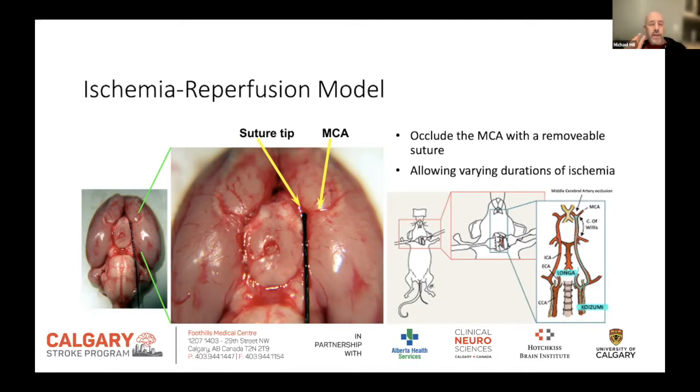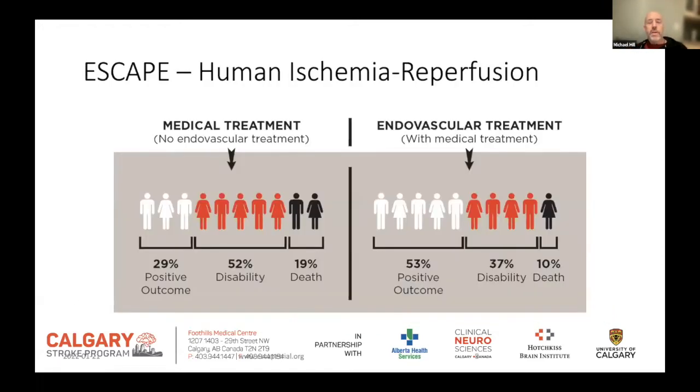So a key issue is that the models for studying stroke have been ischemia reperfusion models. But as Ed again said, 7 years ago we saw the studies published, started by your groups in the Netherlands with the MR CLEAN study, the idea that we now had an ischemia reperfusion model in humans.